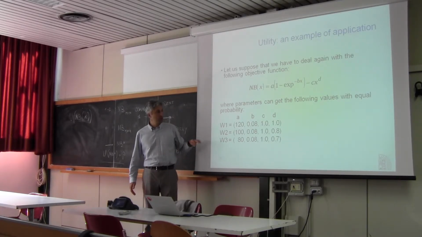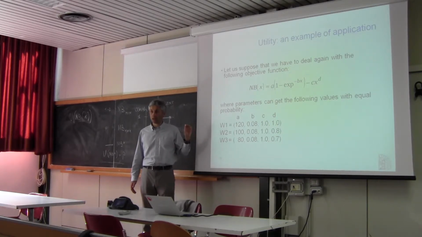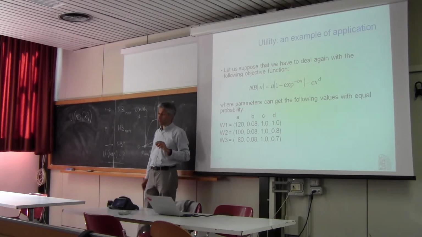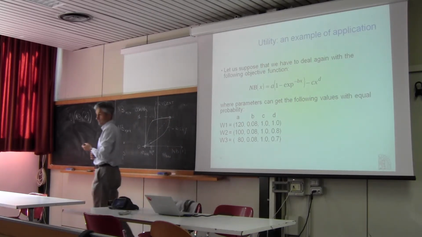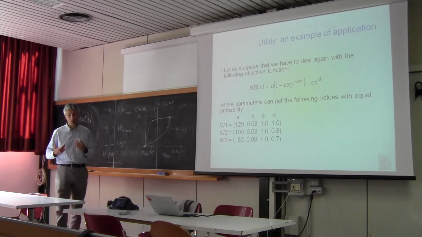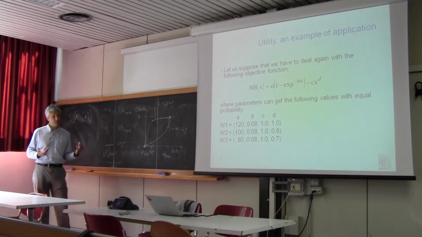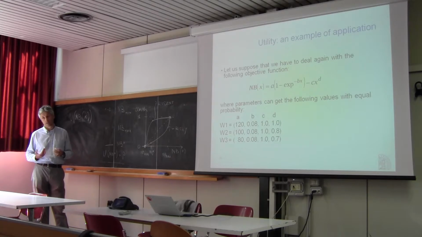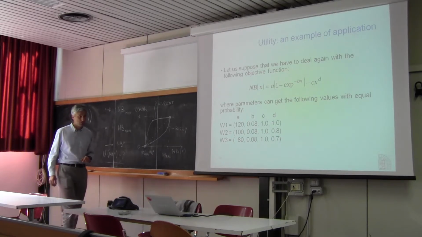And let's suppose that these 3 possible parameter vectors are equally likely, so they can occur with a probability of 1/3 each. This is a simplified way of representing uncertainty by just limiting the range of possible cases to 3 possible outcomes.